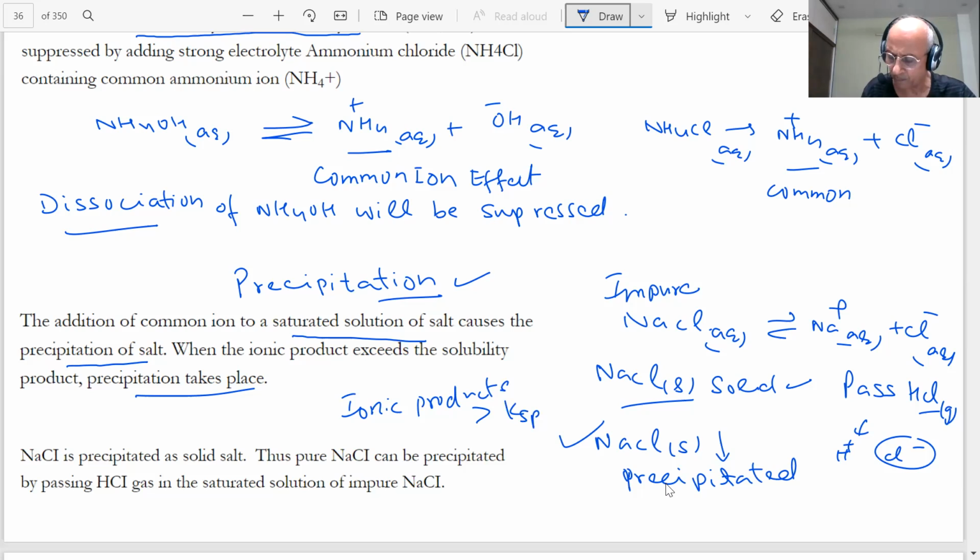And you know, in detection of group 3 and group 4 or other groups, you are using precipitation reactions, and this common ion effect is being used. So the common ion effect has its own importance in chemistry and helps in the precipitation of solid salts.